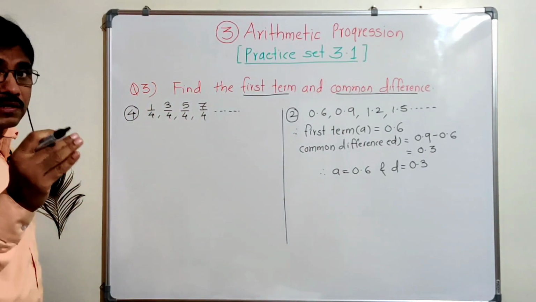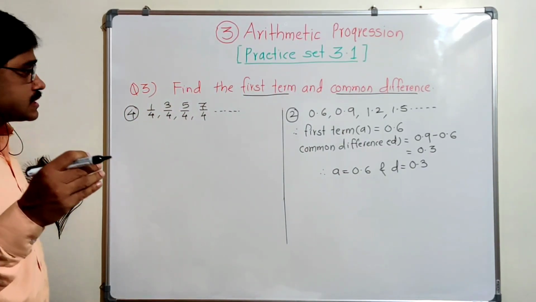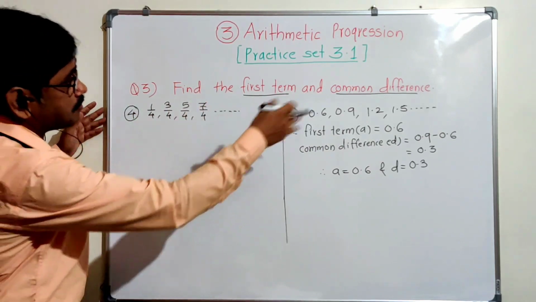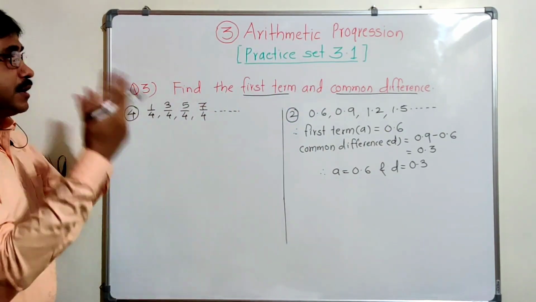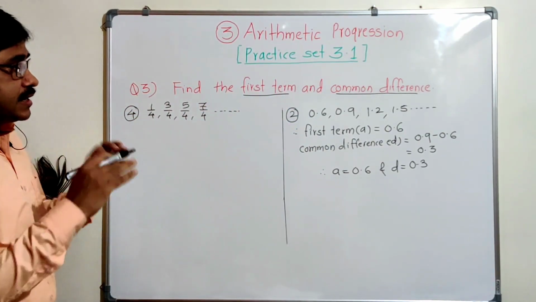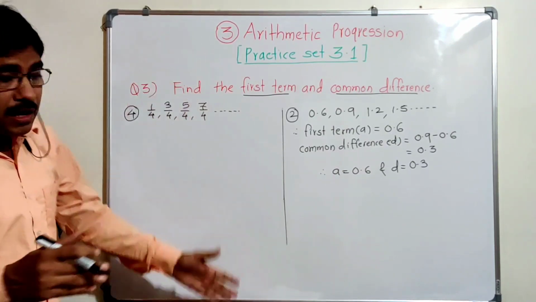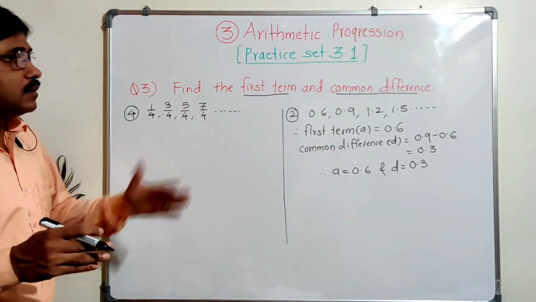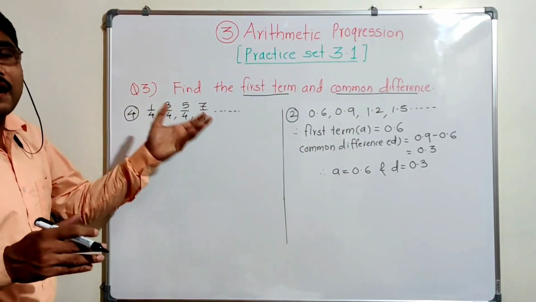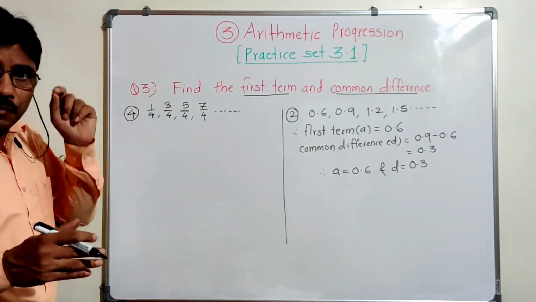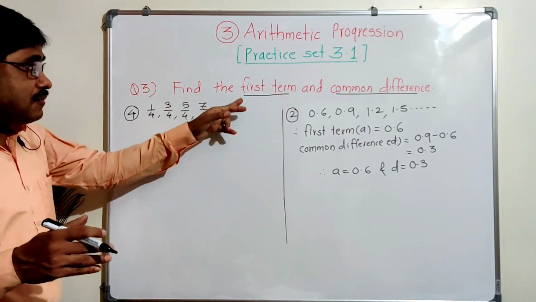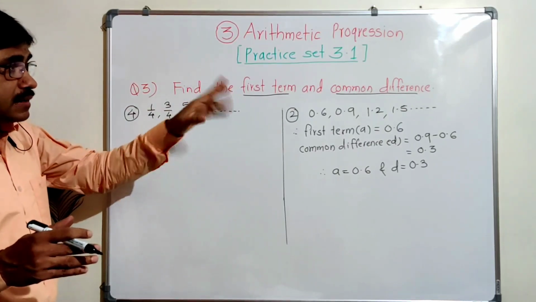See the question first. So many times students see the numbers and directly do T1, T2, T3, T4, D is equal to so and so, and it is an AP. Arre, first see what to do. Read the question properly to see what to find. First term and the common difference only.